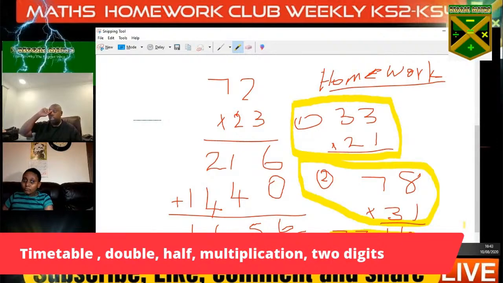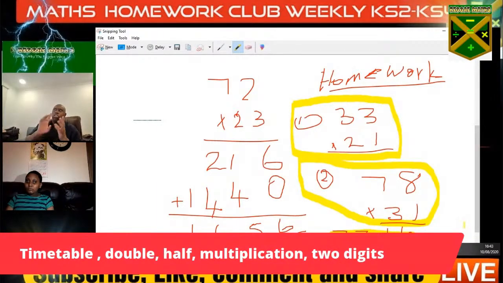But get those finished. Those are the things we're going to start with in the next lesson, right? So 33 times 21, 78 times 31 and the 3 times table. Now, all 3 things you're able to do now. So we're still working, the times table is ongoing, right?